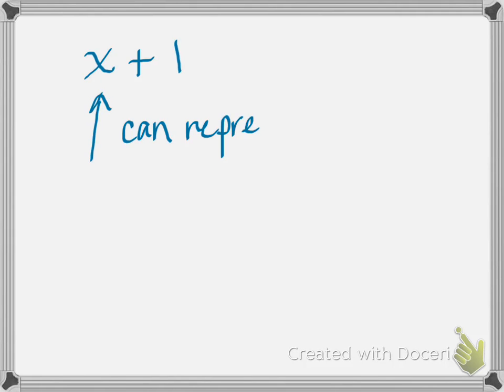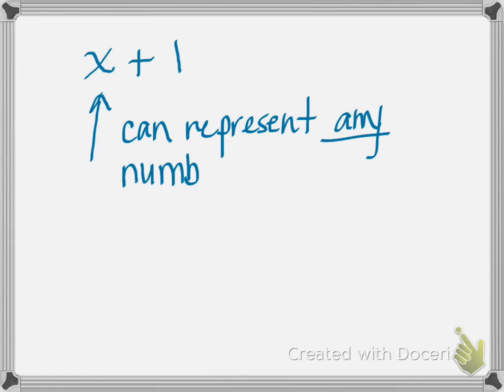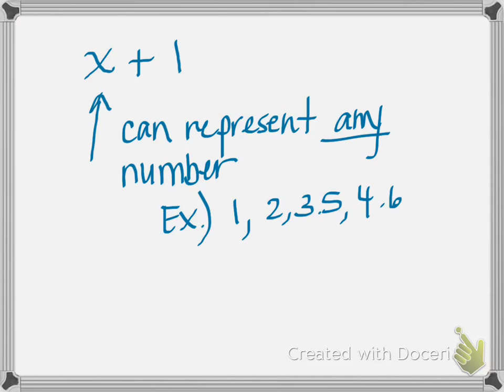So what if we had x plus 1, and x here can represent any number. For example, x can be 1, it can be 2, it can be 3.5, it can be 4.68. x can be anything you want it to be.